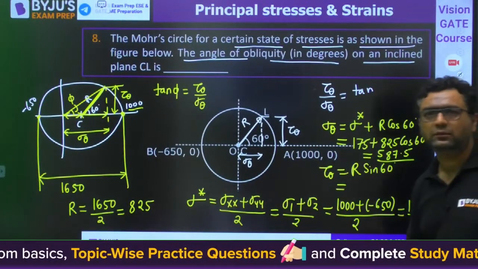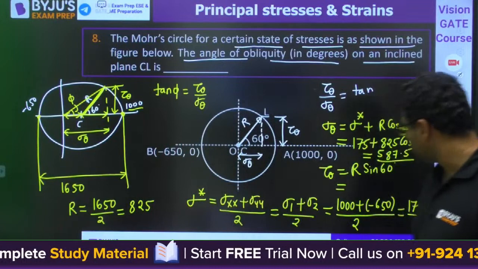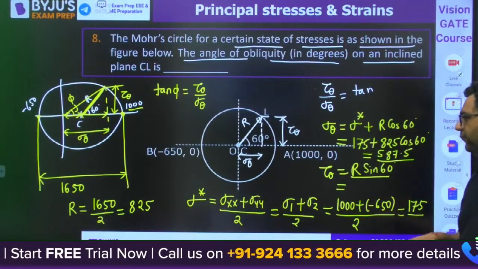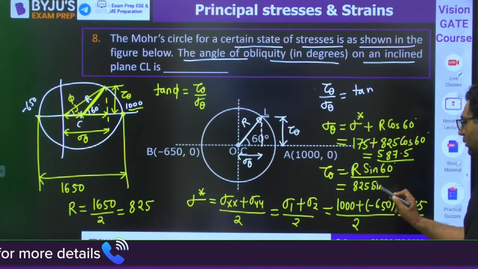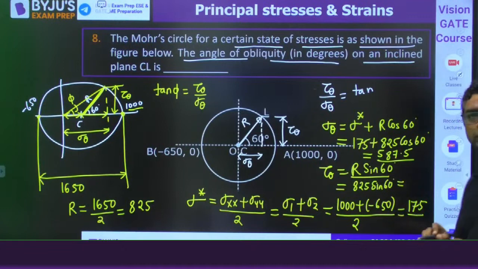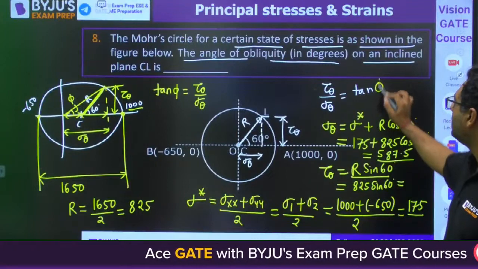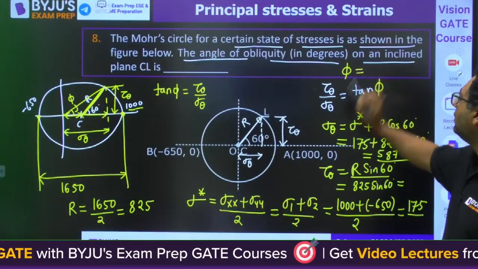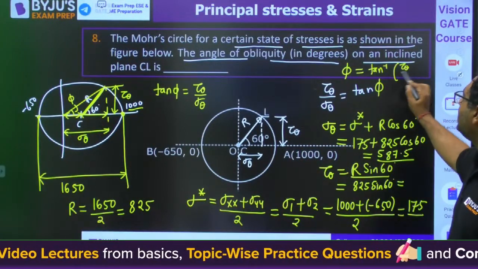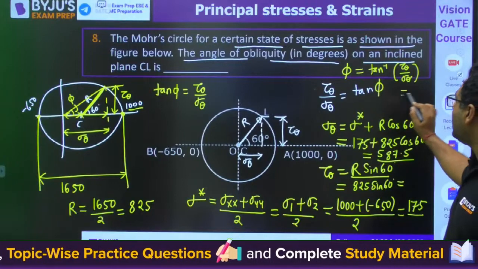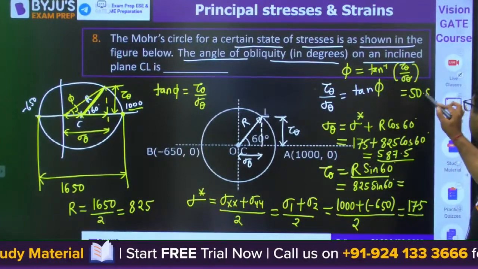What is tau theta? Tau theta is r sin 60. R is 825. Okay, so phi is tangent inverse tau theta by sigma theta. Answer will be 50.5 degrees.